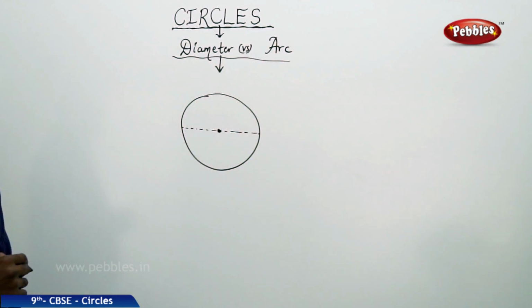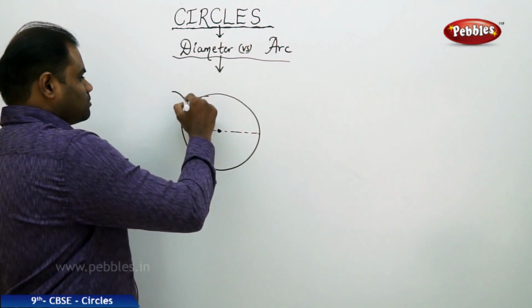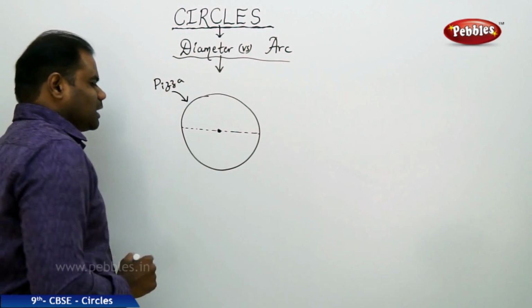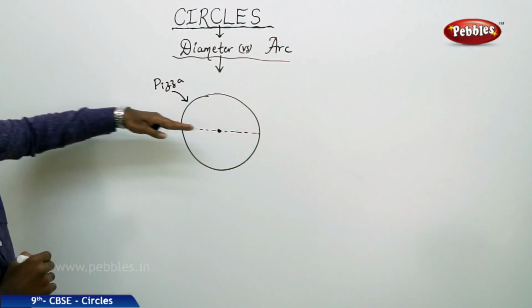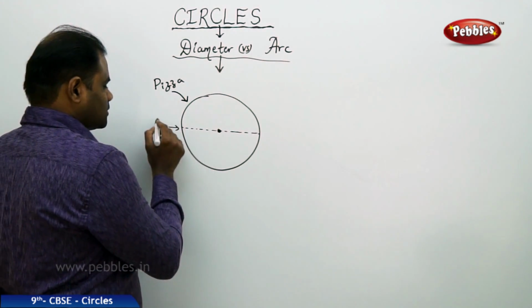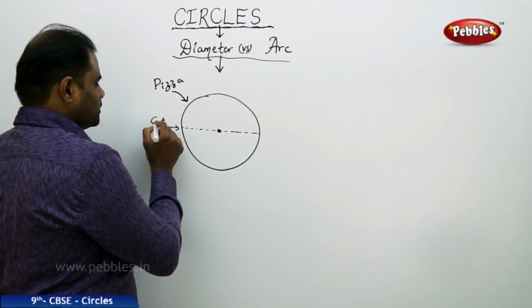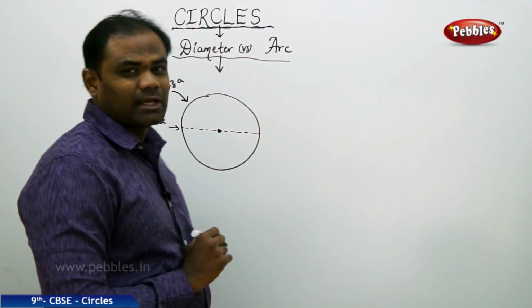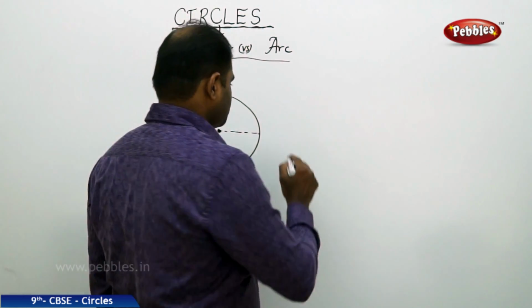Now this circle, assume it as a pizza. I would like to cut the pizza along the diameter. So I just cut the pizza in this diameter direction. So clearly I get two slices of the pizza.